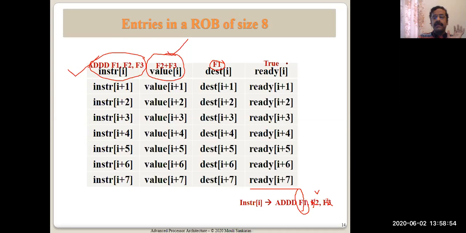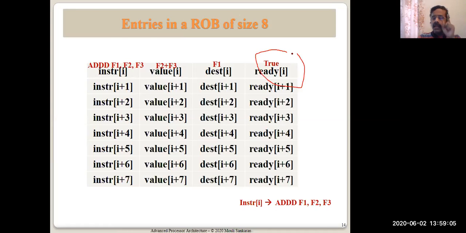And ready means if this value is there already, that means it is computed, then this flag will be true. Having an entry called true here means this instruction is completed now. And this is the topmost instruction in my ROB. This is the last instruction and this is the topmost instruction. There are 8 entries in the buffer.